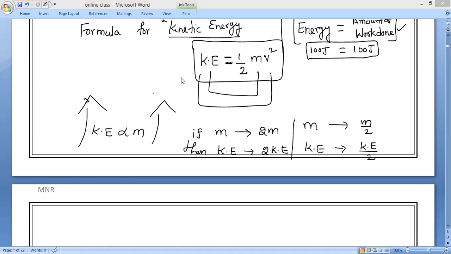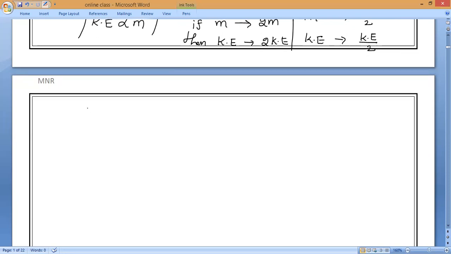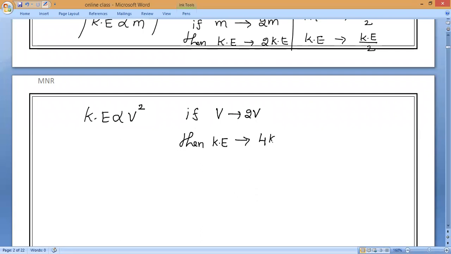This is the most important one, you all need to know it. Please kindly learn it. Next, the second relation: kinetic energy is directly proportional to the square of the velocity. If v becomes 2v, then kinetic energy becomes four times.